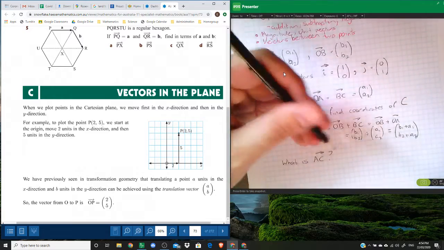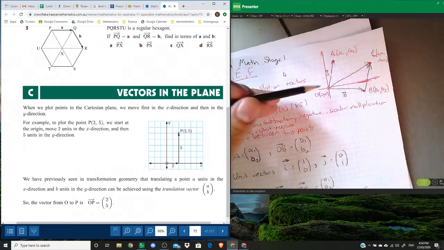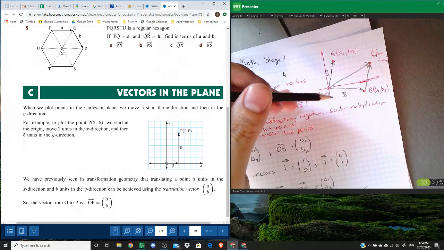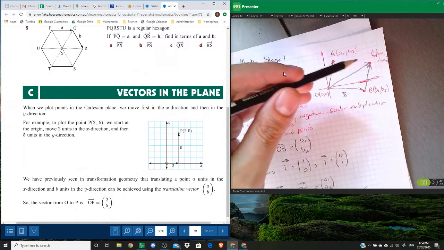Well, using the diagram, I could go from A to C. I could go around that way.